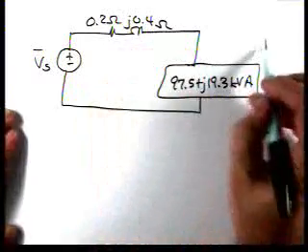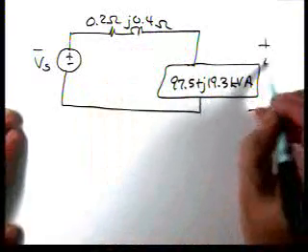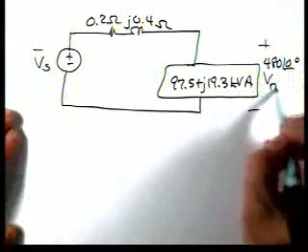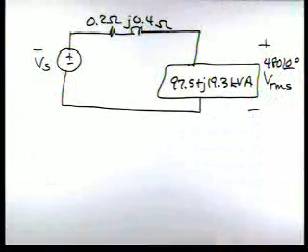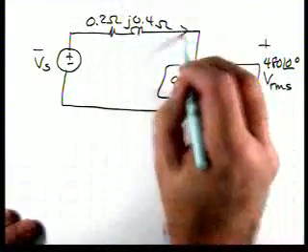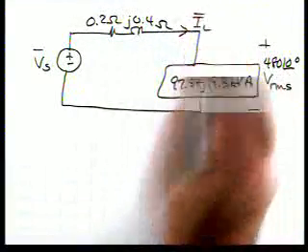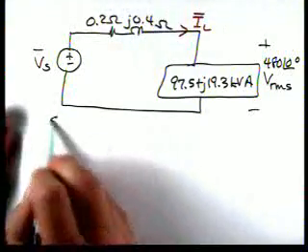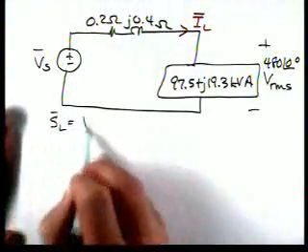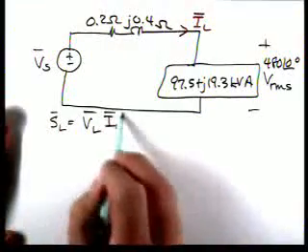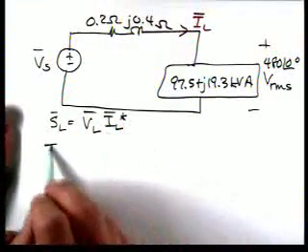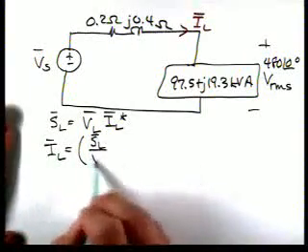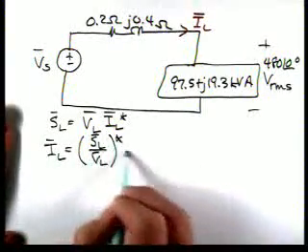The voltage across our load is 480 at an angle of 0 volts RMS. Now, let's calculate this current IL. So S sub L, which is the load, is VL IL conjugate. So we can solve for IL as SL over VL and take the conjugate.